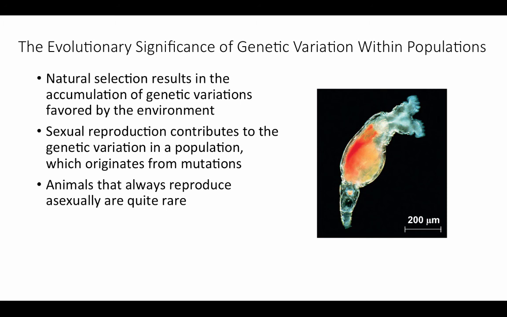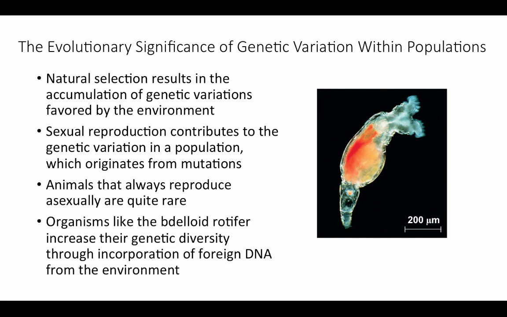So animals that always reproduce asexually are very rare. This variation that's produced by sexual reproduction is such a huge evolutionary advantage that even species of animals that have been found to reproduce asexually have found ways of benefiting from taking on genetic variability.